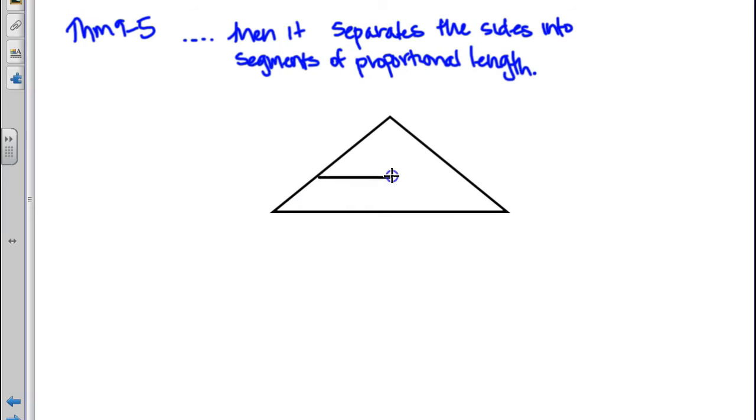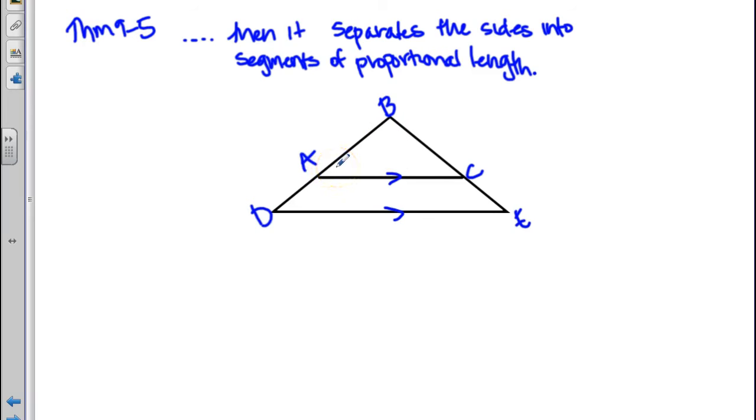All right, so there's my triangle. There's my parallel line touching the other two sides, parallel to the base, intersecting the other two sides. So here's my, I think I did A right here last time. So A, B, C, D, and E. All right, so it says if AC is parallel to DE, then my sides are proportional.